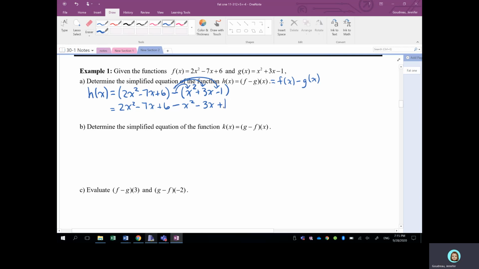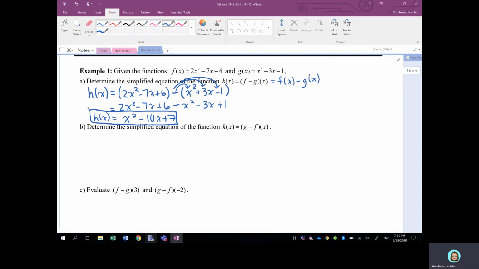And now we want to simplify h at x by collecting like terms. 2x squared minus x squared leaves us with just x squared. Negative 7x minus 3x is negative 10x, and 6 plus 1 is 7. There is our simplified form of h at x, which comes from subtracting f minus g.